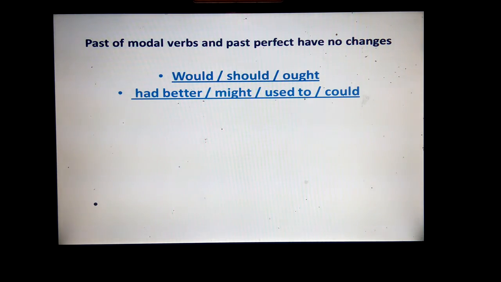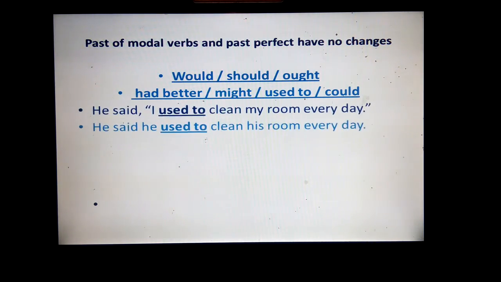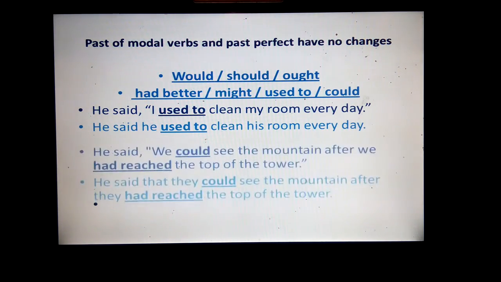For example, would, should, ought, had better, might, used to, and could, with no changes. Example. He said, I used to clean my room every day. So in reported speech, he said, I can use that or not. He used to clean his room every day. So used to the same, used to.